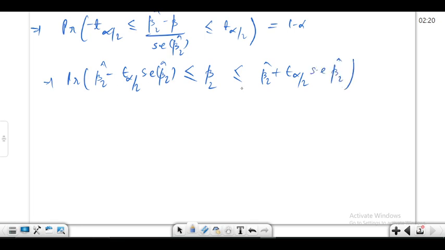So this is the confidence interval for beta 2, or the true population parameter, and it is lying in this range.